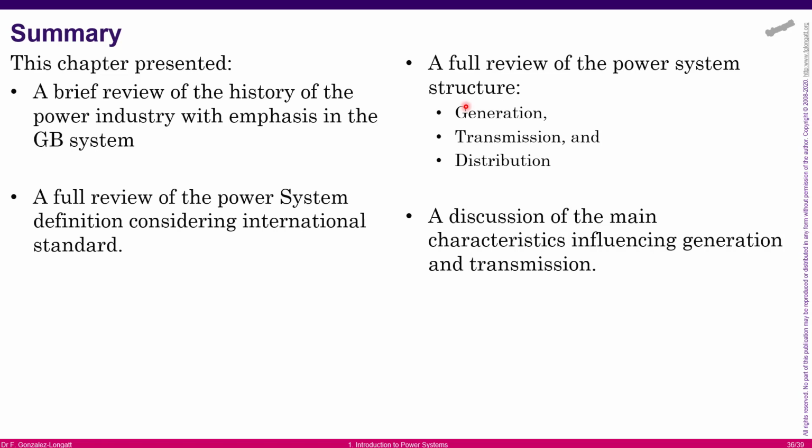It's basically electrical circuits, but these electrical circuits are designed to produce power, transport power, and distribute the power to the customers. Then we discussed, briefly but specifically, the main elements in the structure of an electrical power system: generation system, transmission system, and distribution system.